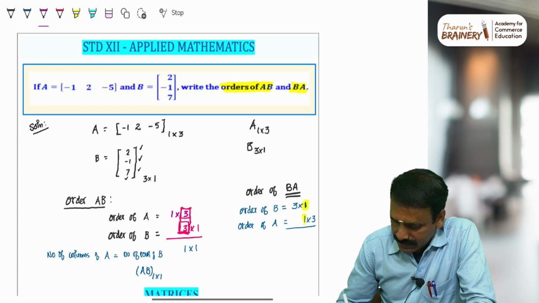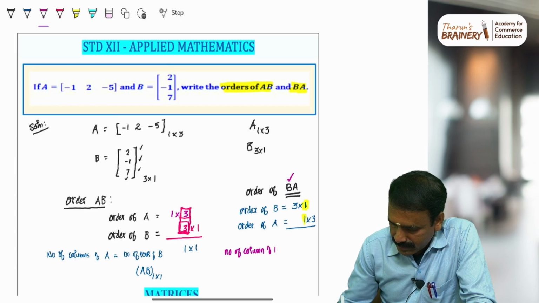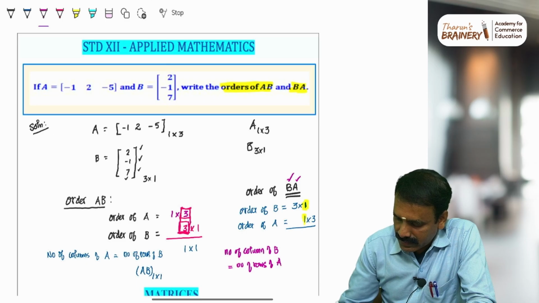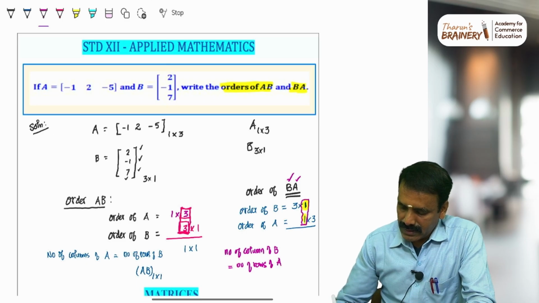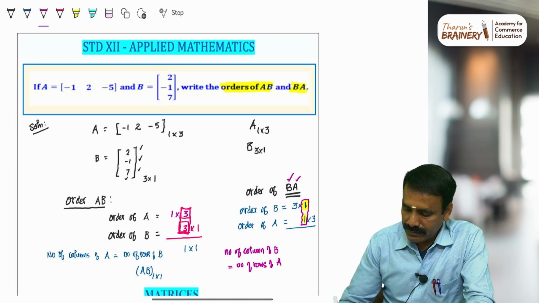So what is the condition? The number of columns in the first matrix B should be equal to the number of rows of the second matrix. The second matrix is A. So they are equal, very much equal. So what is the order of the resultant matrix?